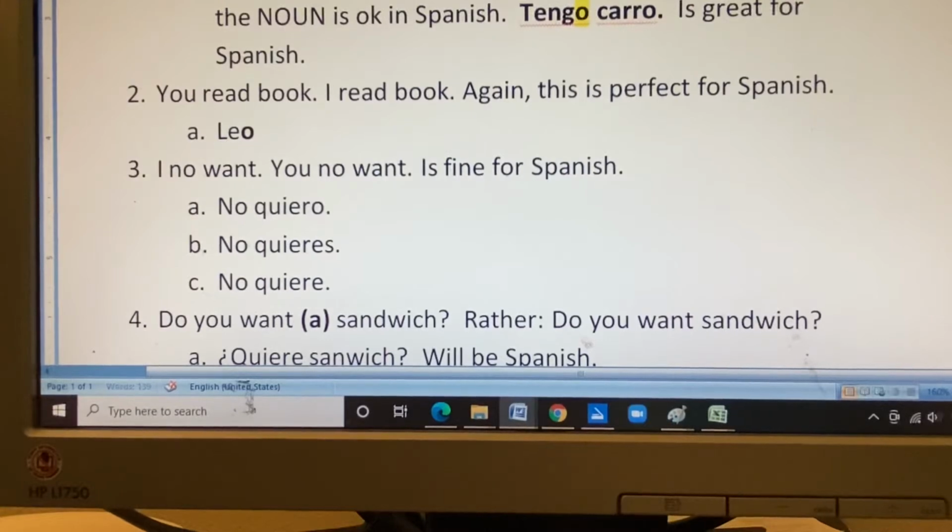But in Spanish, we don't have to say yo because inside of the verb is the person yo. So we just say leo libro. Leo libro, that means I read a book for English, but for Spanish it's just leo libro. That means I read a book.